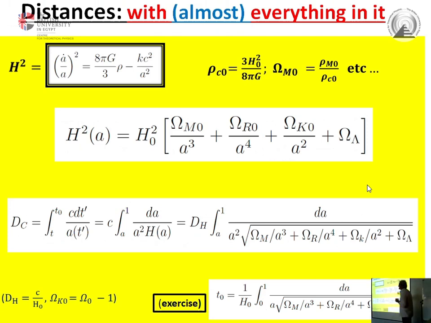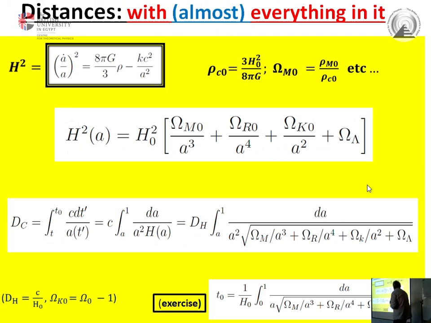The curvature term we saw scales as a squared, which is intuitive again, it's a Gaussian curvature, so it's a square. And this is a cosmological constant, so it's constant. At least the energy density is constant.